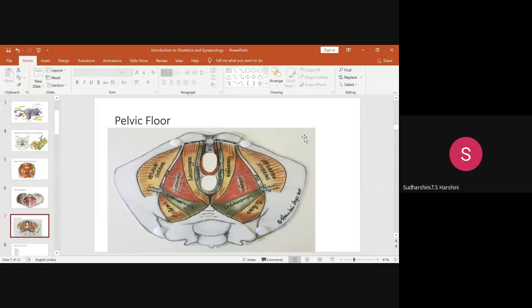During that time, your pelvic floor will also weaken. And multiparity I told. And if you are doing instrumental delivery, at that time also, some fibers of levator ani may get torn. And the most important cause is menopause.